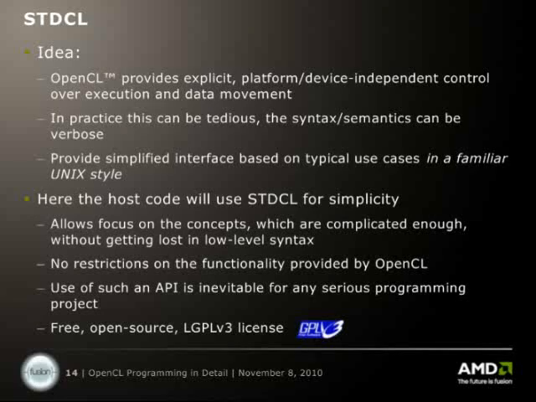The API is sort of very close to the OpenCL calls themselves. So you're not shielded from any capability you may have with the raw calls. And in some sense, the use of an API like this is going to be inevitable for any serious programming project. The API that we're going to use here is freely available under the GPL open source license.